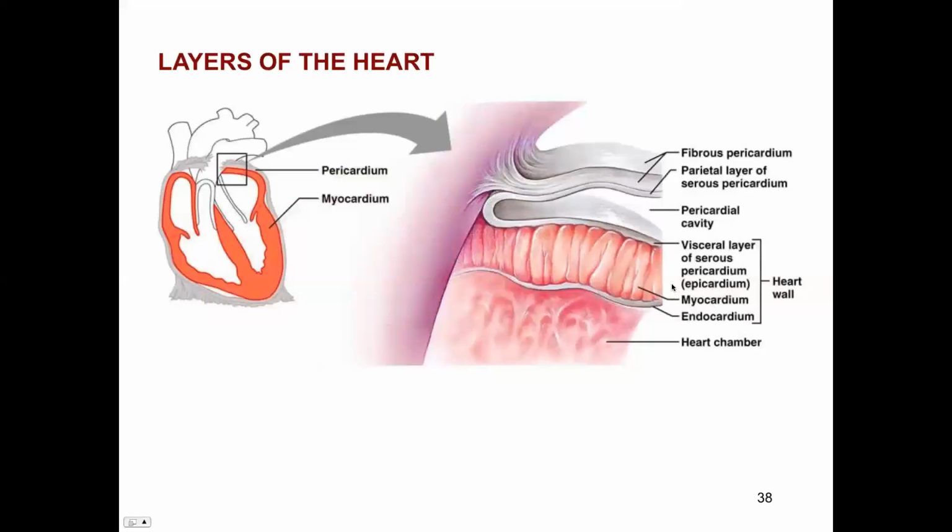So this is your heart muscle, right? So this is where we have that specialized muscle that we were just talking about. And then we have a layer of epithelium, and it's called the endocardium, right? That endocardium is continuous with the endothelium, the inner layer of the blood vessels. Okay, so this is continuous. This will then form our blood vessels, all right?